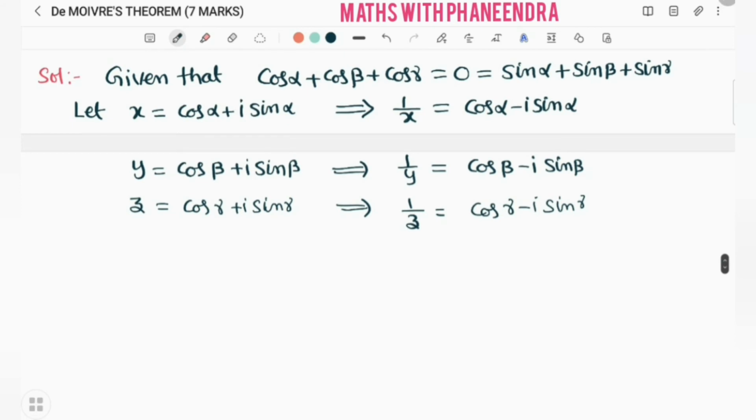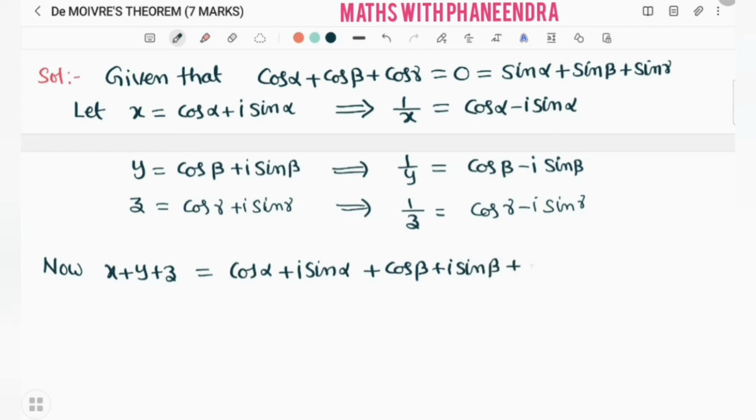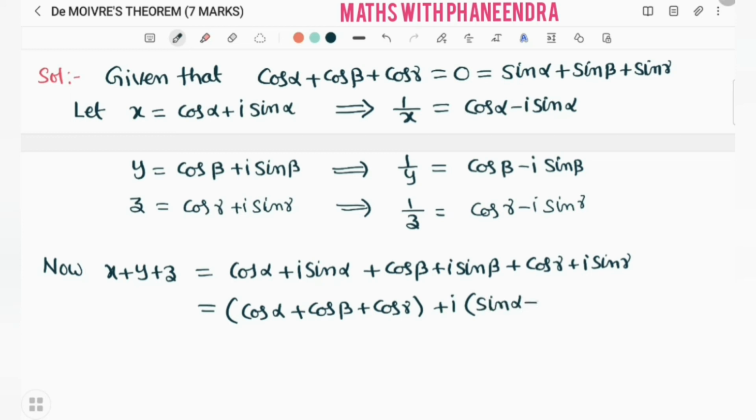So after that, now consider x plus y plus z is equal to cos alpha plus i sin alpha plus cos beta plus i sin beta plus cos gamma plus i sin gamma. All real terms on one side: cos alpha plus cos beta plus cos gamma plus i into (sin alpha plus sin beta plus sin gamma).